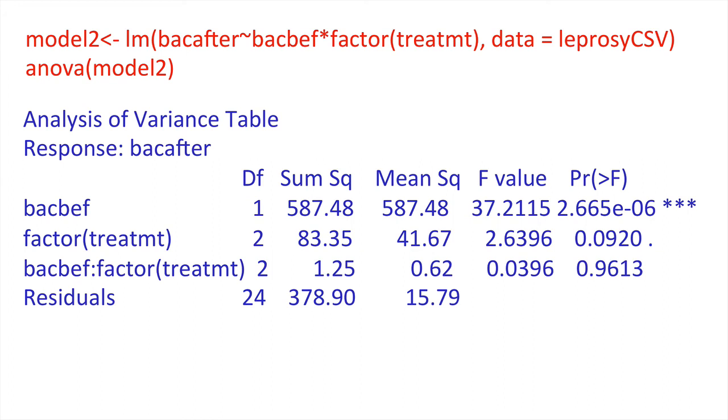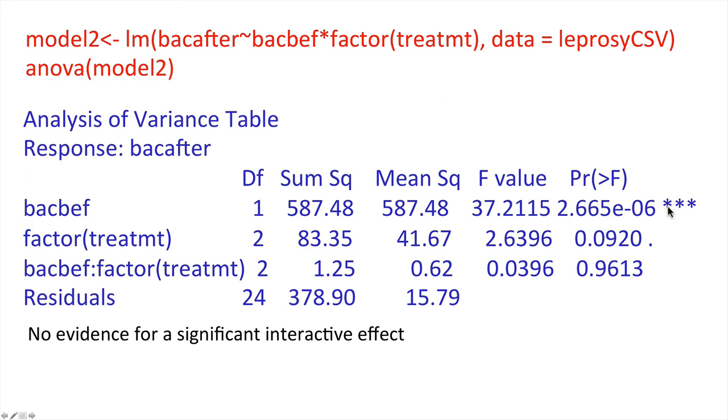What can we conclude from this? Well, I find it's useful to work from bottom up, beginning with interactions and then moving up through the different levels, particularly when dealing with a type 1 sum of squares where order really does matter. So there's no evidence for a significant interactive effect in that here we have a value which is relatively high, so we're not really rejecting the null hypothesis there.